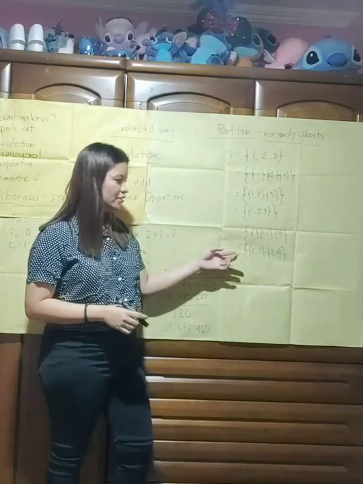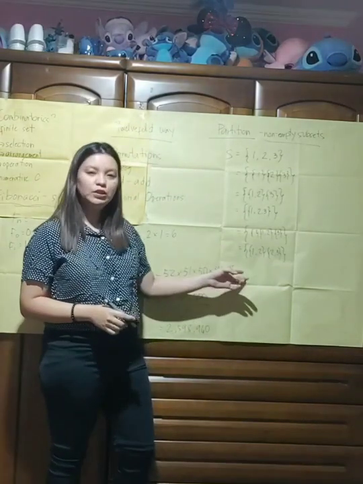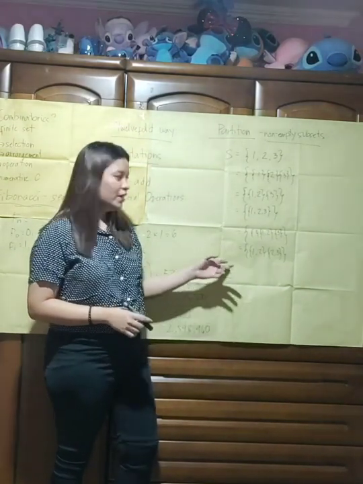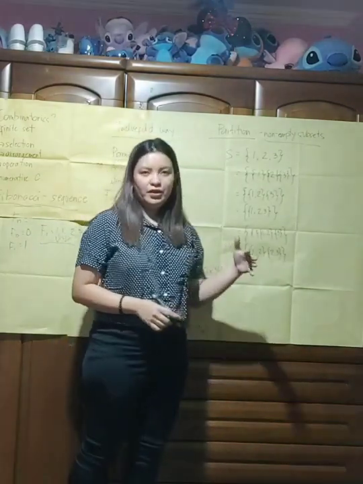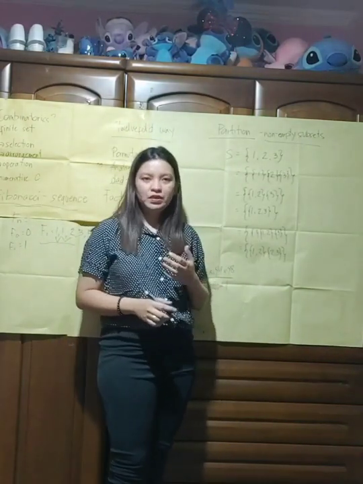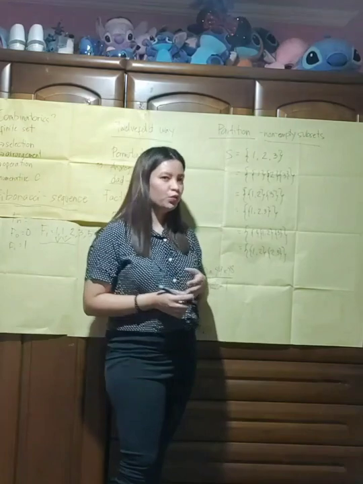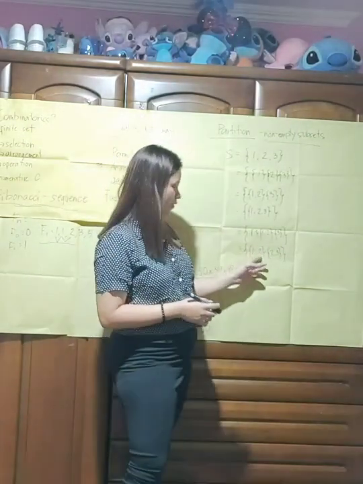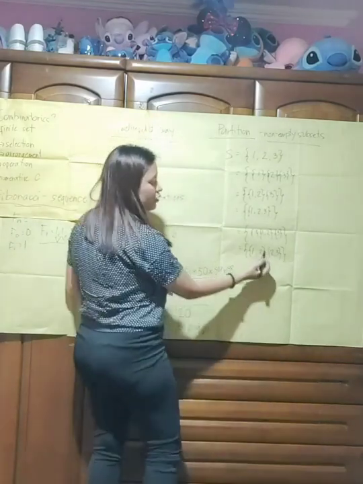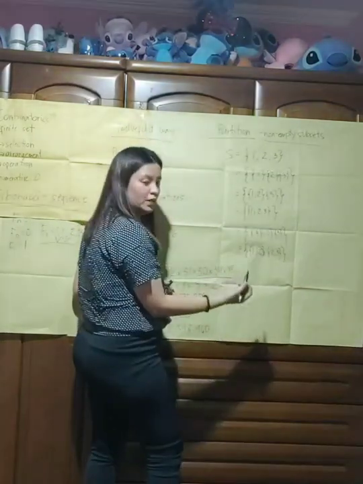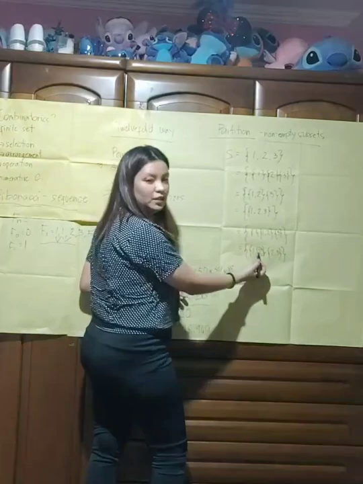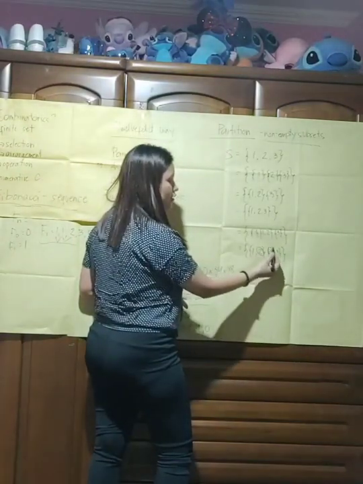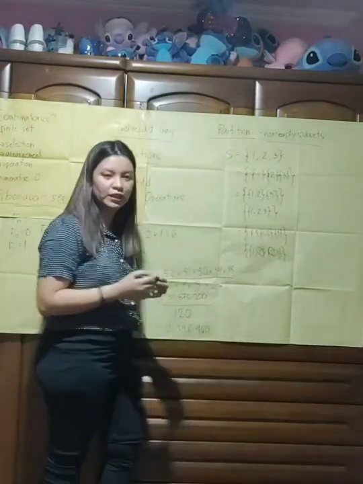It is not a partition because, as we said earlier, in a partition each element is included in exactly one subset. Since we already have 2 in the first subset, we cannot write the same element again. So it is not a partition.